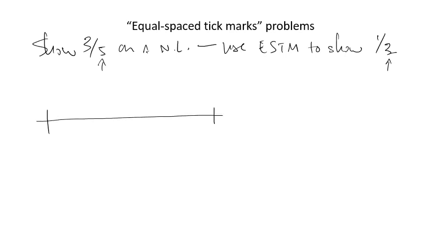with show 3/5 on a number line. Now, we can just draw the 0 and draw the 3/5. If you want, you can go ahead and draw this out to 1. It's not absolutely necessary that you do it, but if it helps your students' understanding or if it helps your understanding, by all means, go out as far as you need. But we just need to be able to find this 3/5.